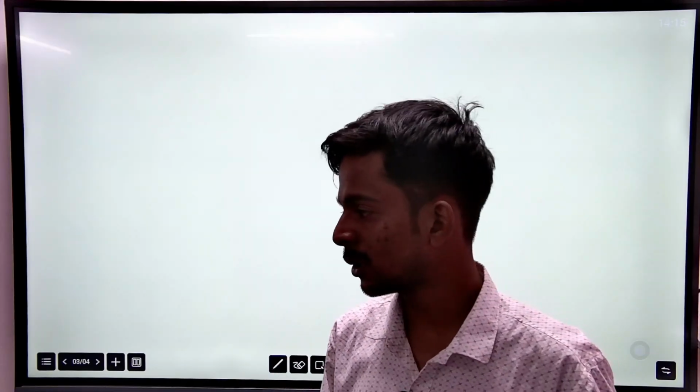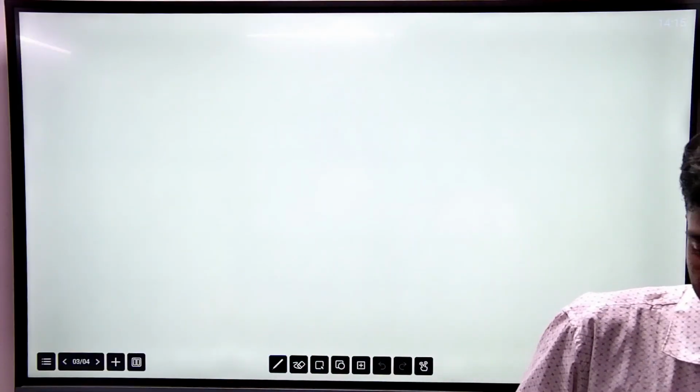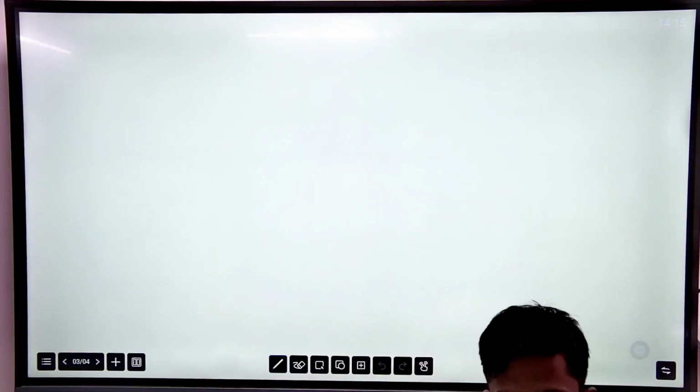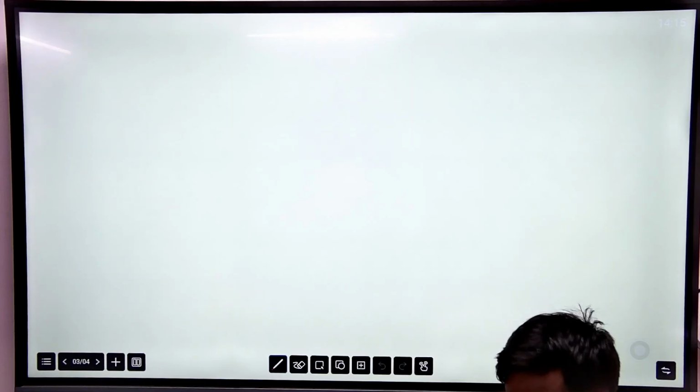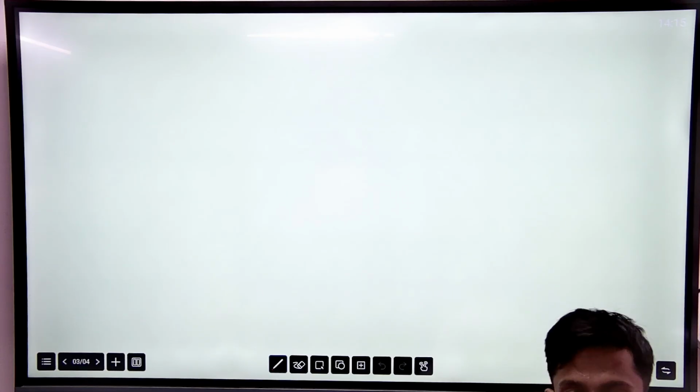Okay. Full stop. After full stop, continue. The three axes are perpendicular to each other.